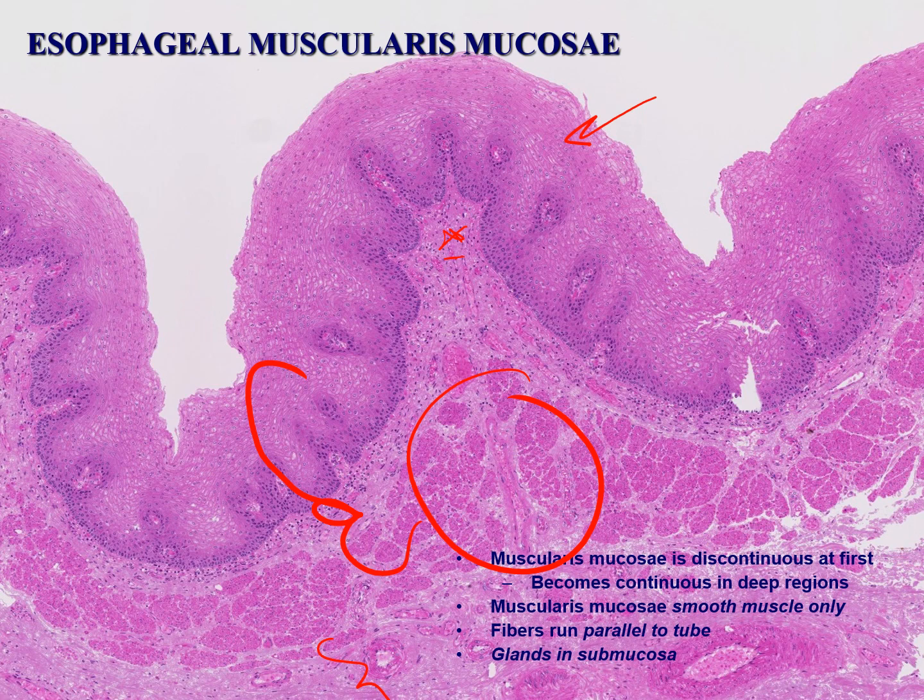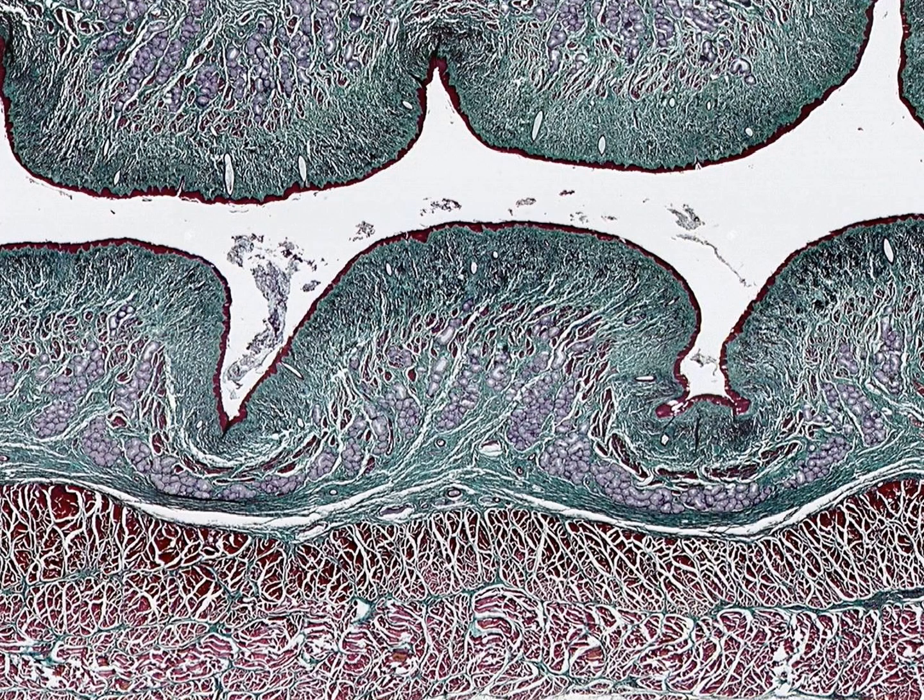As I said, there is a gland in the submucosa. Again, this is the epithelium, muscle, and here is the submucosa where we have the esophageal gland or submucosal gland.